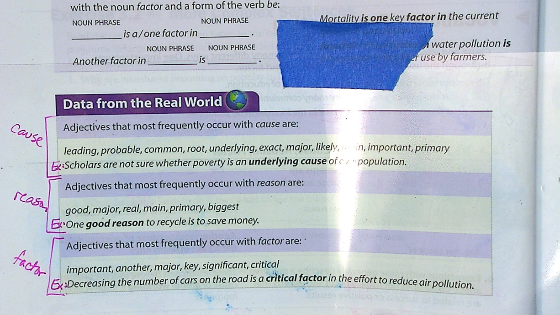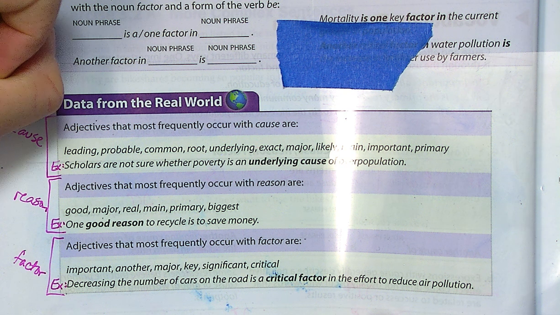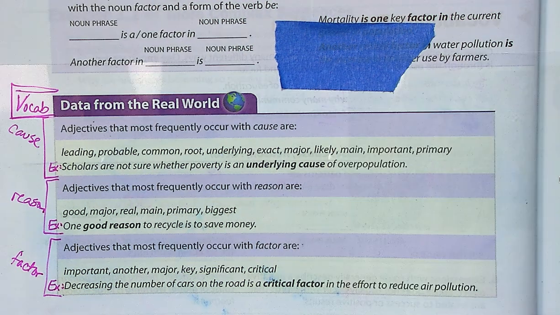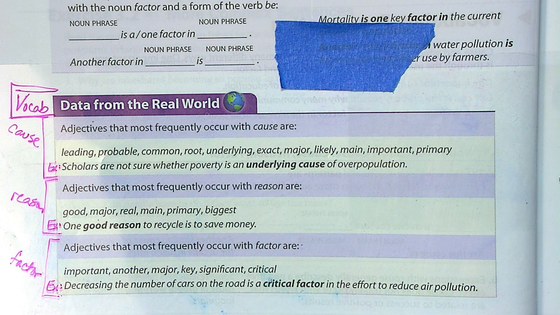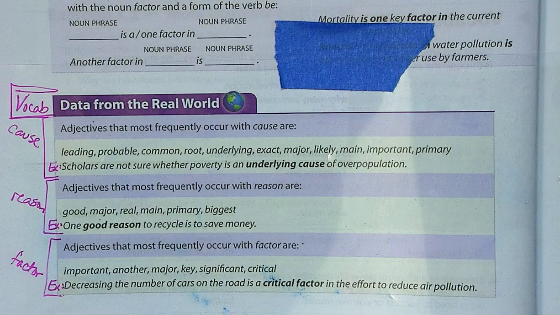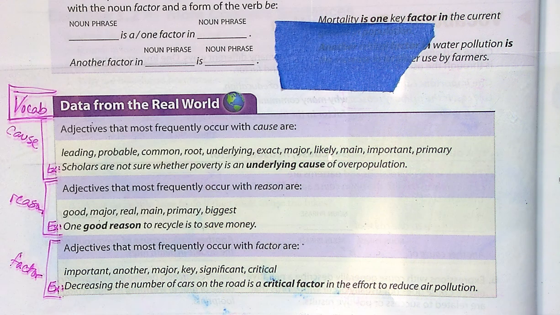So while you are practicing this grammar, it's a good idea to come back here and look at this vocabulary note to help you practice some of these collocations. For example, if I say a good factor, that is possible. We can use the adjective good before the noun factor, but to most English speakers, that sounds a little bit strange.